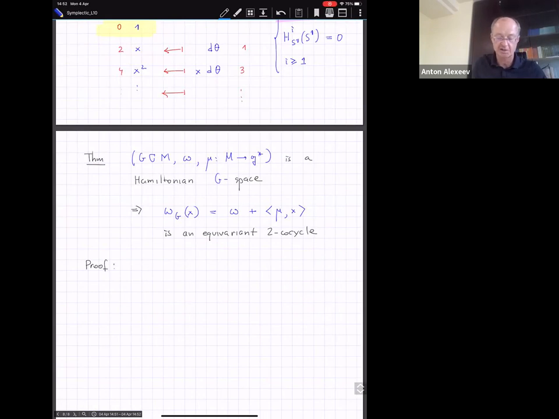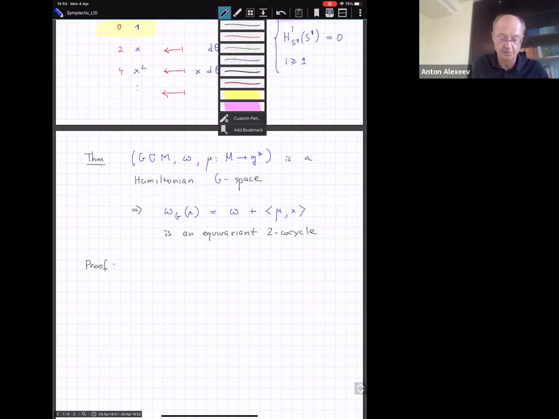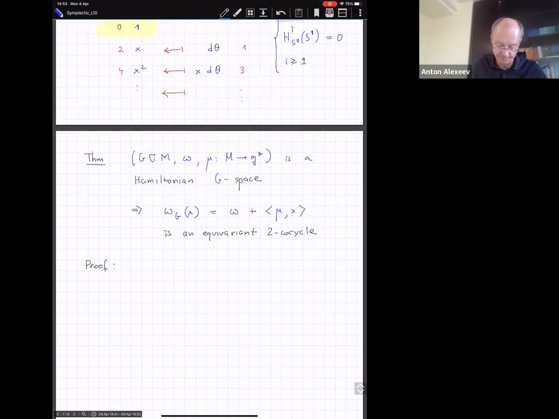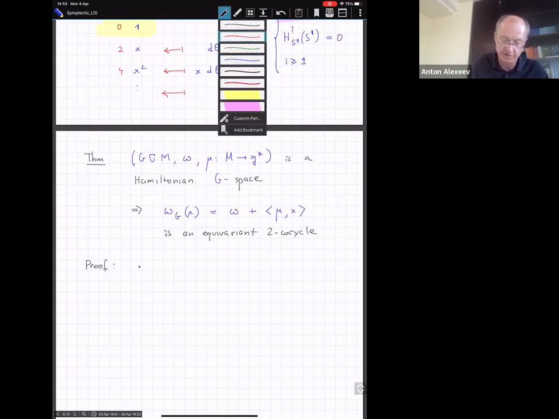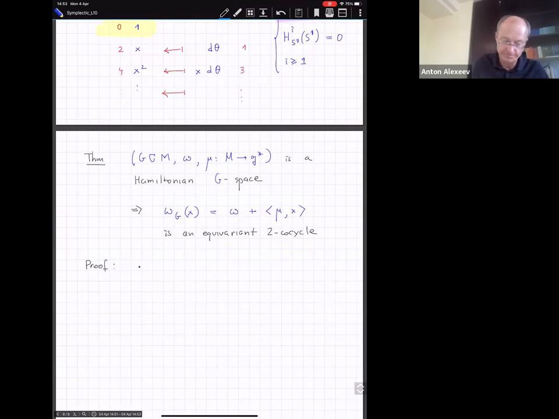Again, it's a one-line proof. First of all, let's remark that omega G of X is an element of C G 2 of M. So why is that?